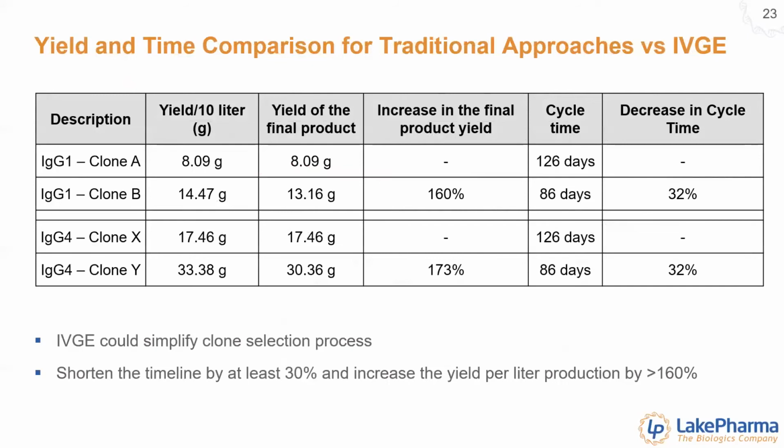I think the conclusion for this is that IVG could really simplify the clone screening process and shorten the timeline by at least 30%, and effectively increase the yield by quite a lot.